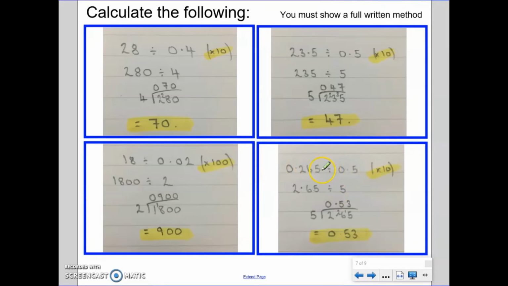You could have approached the question by multiplying both numbers by 1,000, but we're always aiming to make the question as easy as possible, and I believe multiplying by 10 to make this number a whole number is the easiest approach to this question. So then you can go ahead, do the calculation to receive your answer. Very well done if you were able to get all 4 of those questions correct.